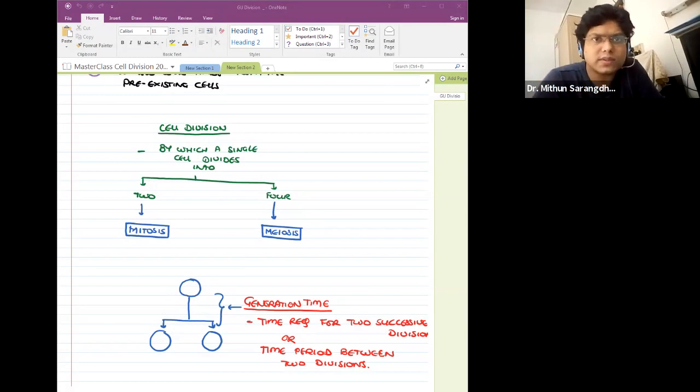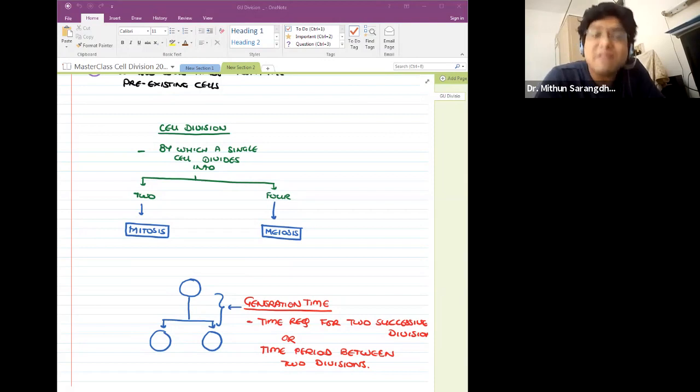Now guys, always remember, this generation time or generation period is going to be different for different cells. Some cells, like our skin cells, I told you, require 24 hours. The gut cells require 5 days. Some cells require maybe 2 or 3 days.